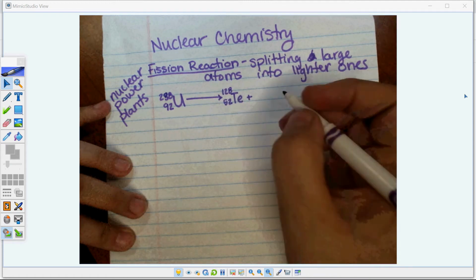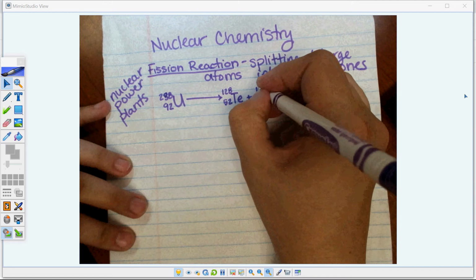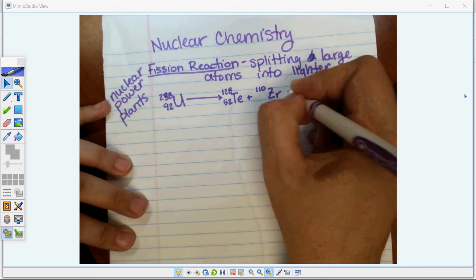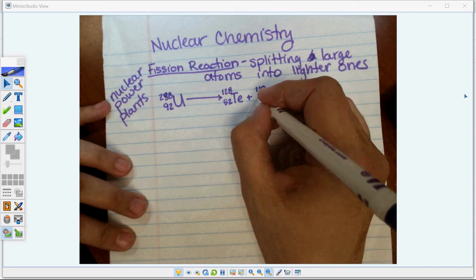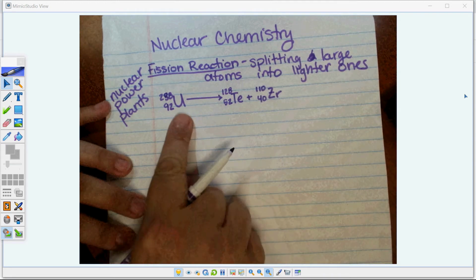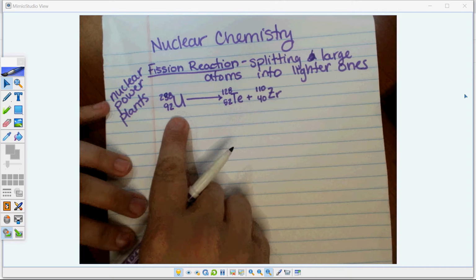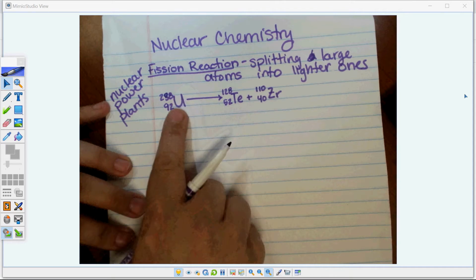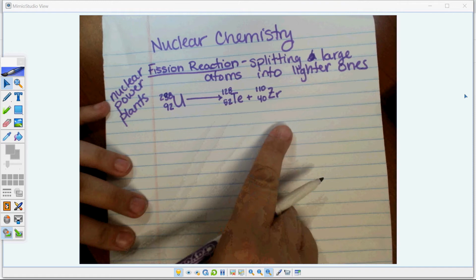And another atom of Zr with a mass number of 110, an atomic number of 40. So this is something that's large and heavy, and then I can manipulate it and cause it to undergo a fission reaction, in which case we end up with two smaller atoms.